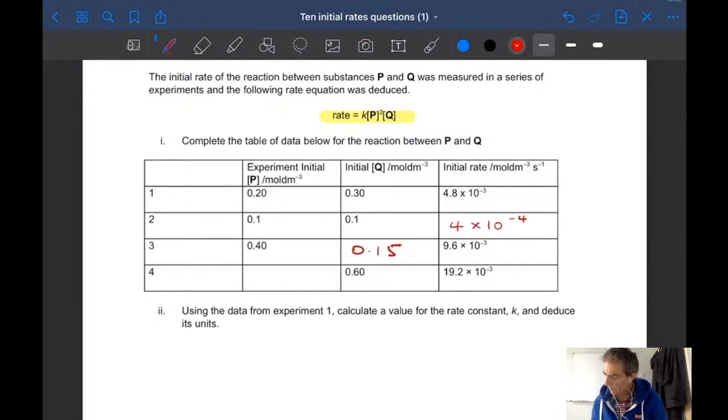It's gone from 4.8 up to 19.2 times 10 to the minus 3, so that's a fourfold increase. And that's been brought about by an unknown increase in concentration for P raised to the power 2, so question mark squared, times 0.3 up to 0.6, that's doubling, isn't it?